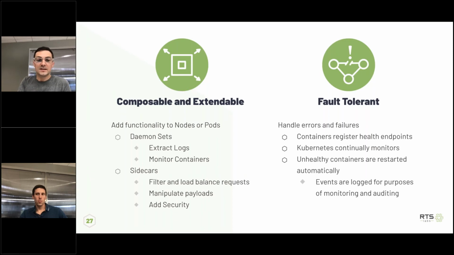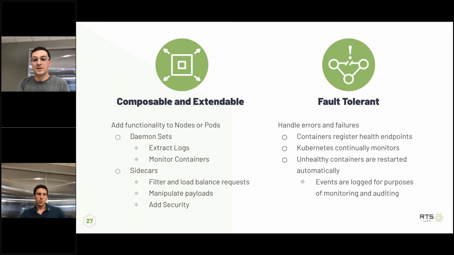A second characteristic of Kubernetes is fault tolerance. And simply put, failure will happen. As Justin mentioned before, you will have some network failure at some point, or something will happen. And I think it's important to just go ahead and embrace that. So we know failure will happen. The next thing is, how can we recover from that failure?